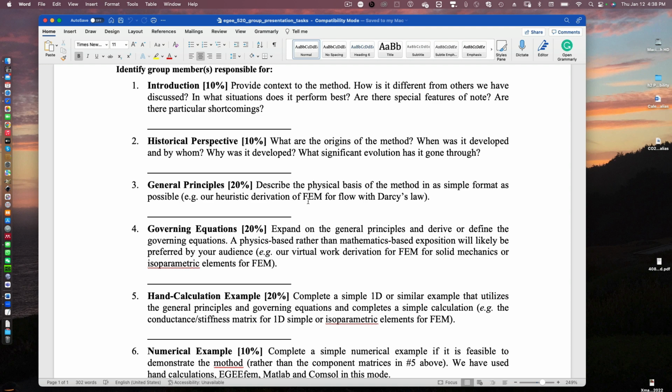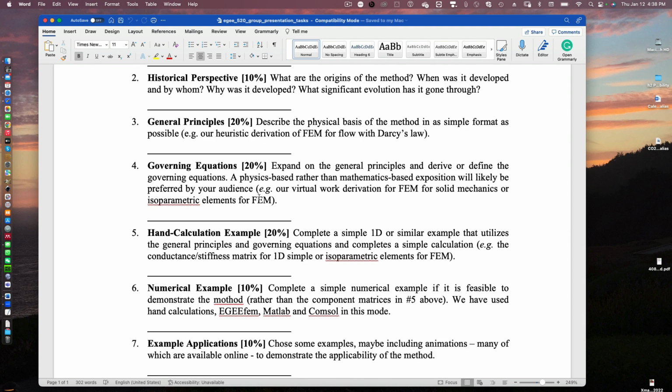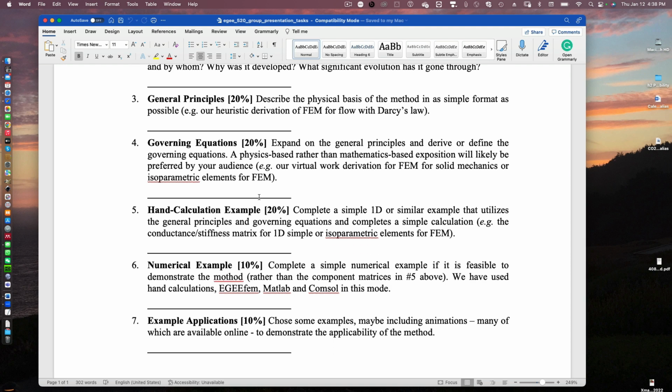Of course space flight structures, wings, don't really lend themselves to finite difference rectilinear grids. They're much better for finite element models. Then I talk about the general principles by which it works. FEM works on F equals ma. What the equations are that describe the system and how those are developed.